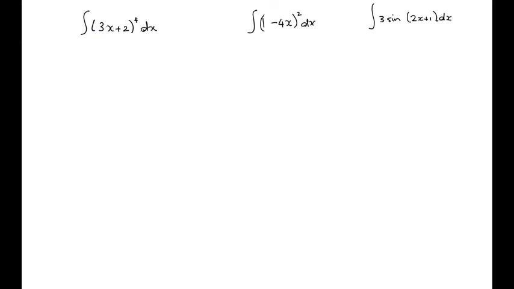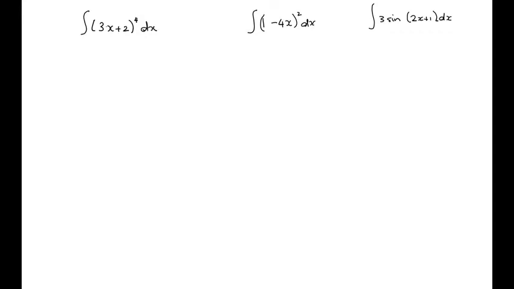What we do here is we're kind of forcing the problem that we're faced with into something that we can do from the list. So we would know what to do if it was x to the power of 4, but it's not. It's something else to the power of 4.